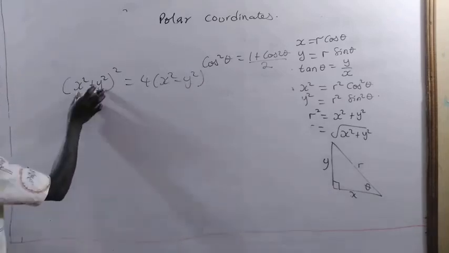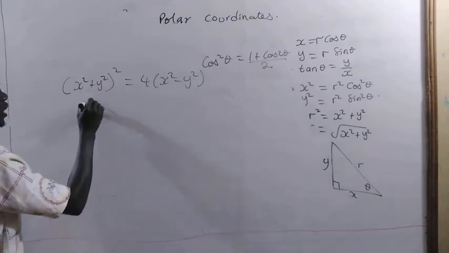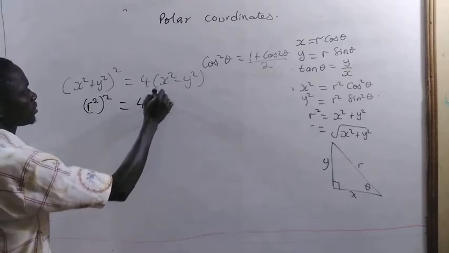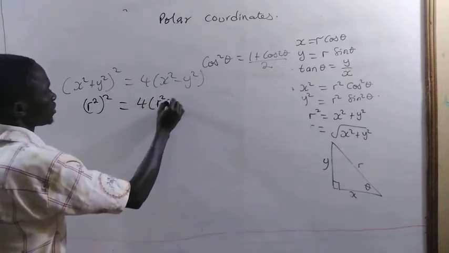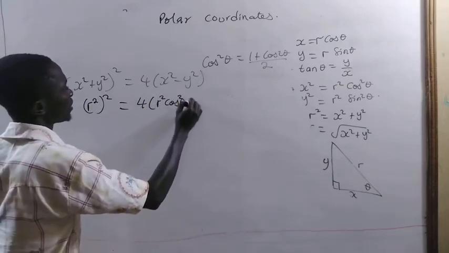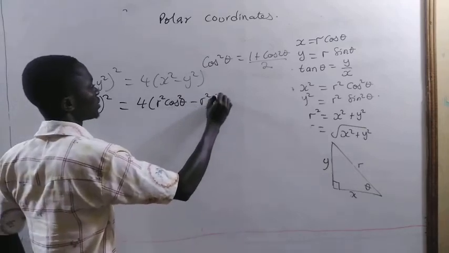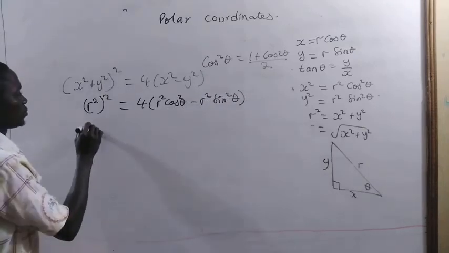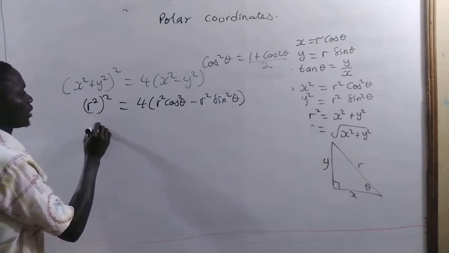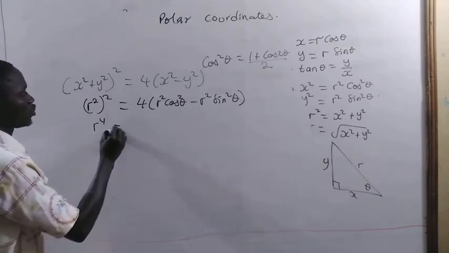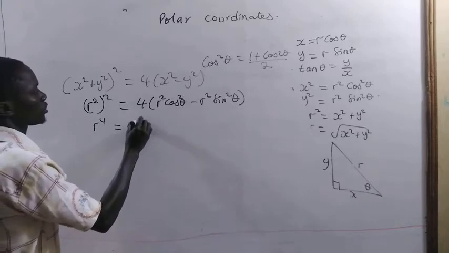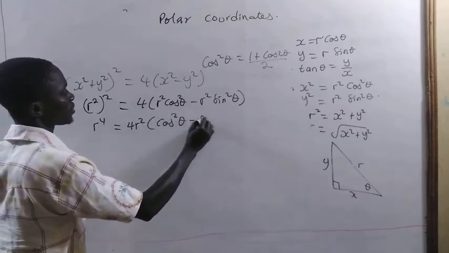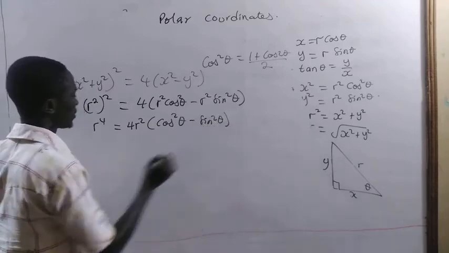This will give us r squared all squared equal to 4 times r squared cosine squared of theta minus r squared sine squared of theta. We are going to have r to the power 4 equal to 4r squared into brackets cosine squared of theta minus sine squared of theta.